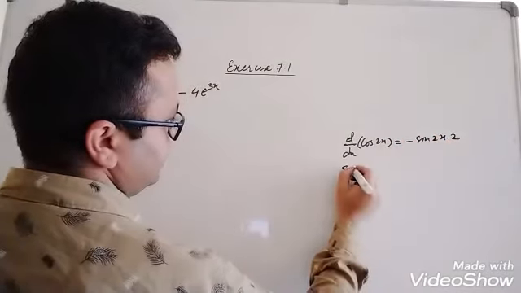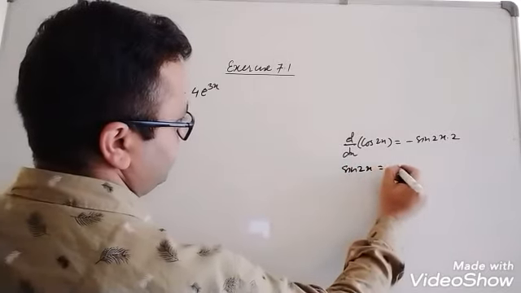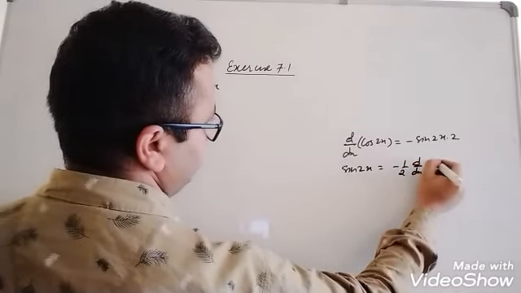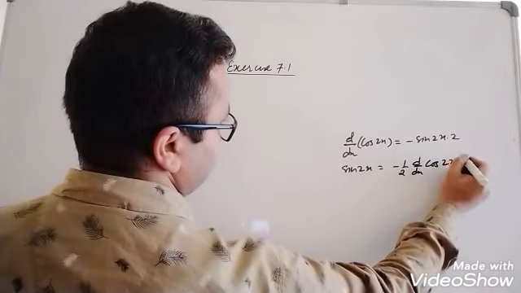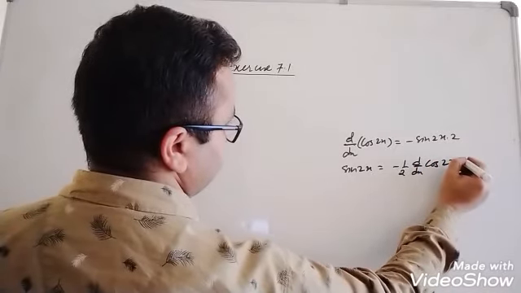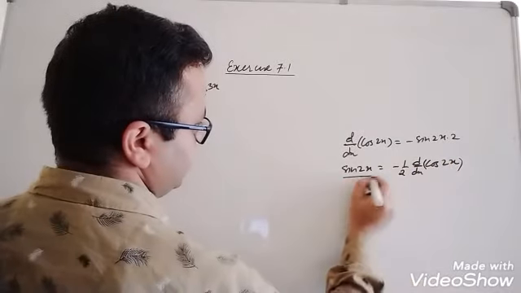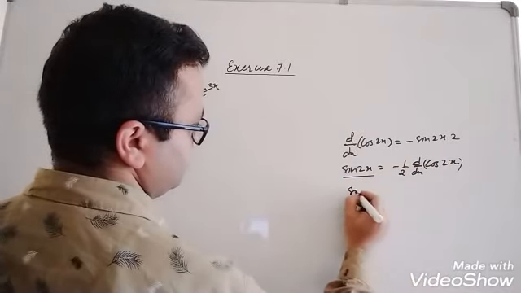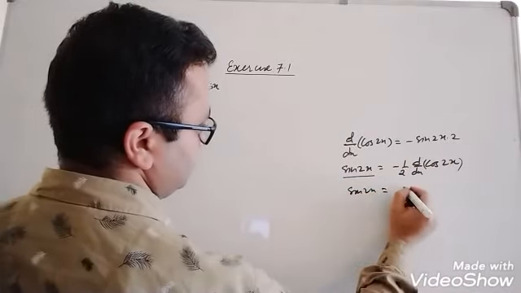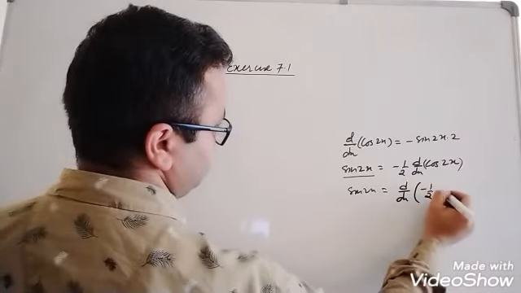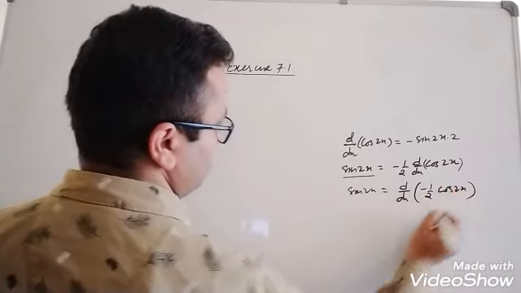So sin 2x equals minus 1 by 2 d/dx of cos 2x. So the antiderivative of sin 2x is d/dx of minus 1 by 2 cos 2x.